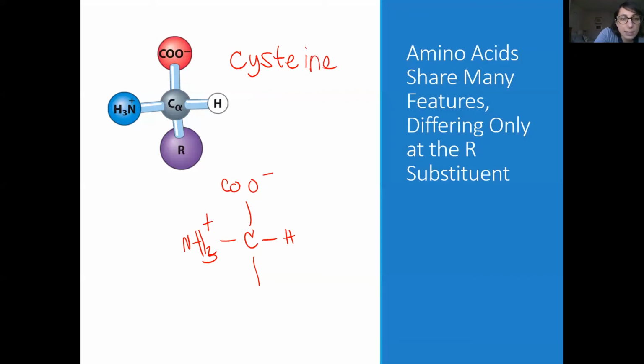This is going to be abbreviated with the letter C. And it is a CH2 group with an SH. So cysteine has a sulfur group on it.